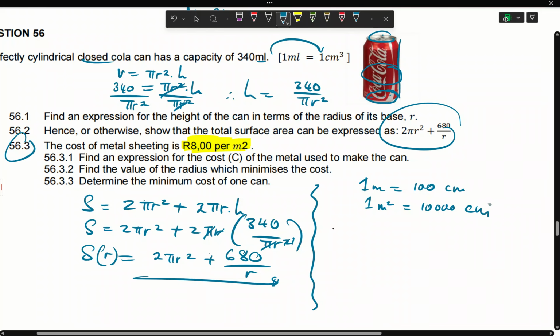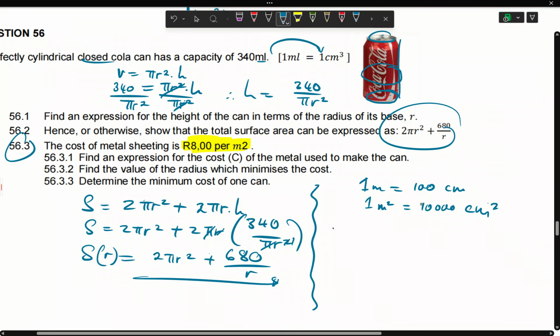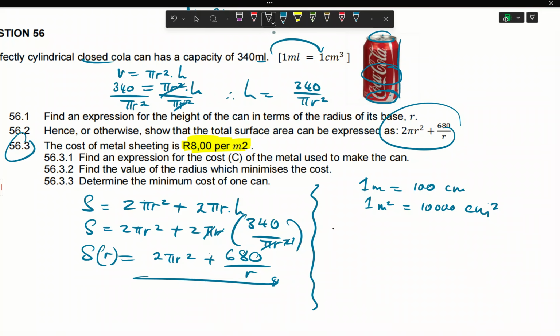You'll be like, man, how did you find that? Square this 100, say 100 to the power 2. You'll have this number, 10,000. You have to know your conversion, guys. This is pure maths. Know your conversion.